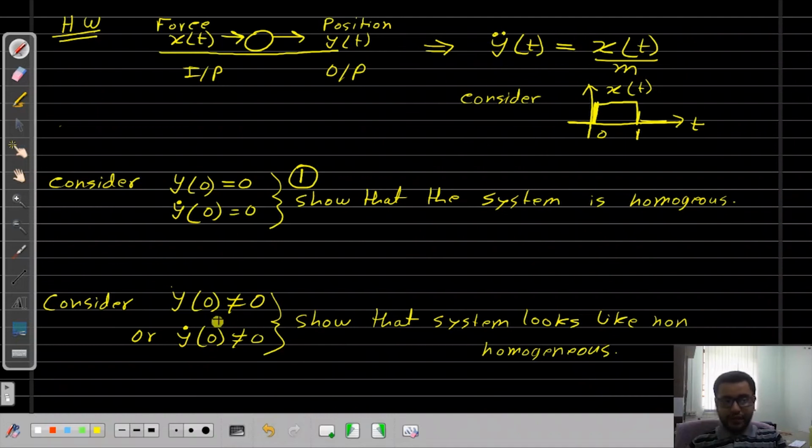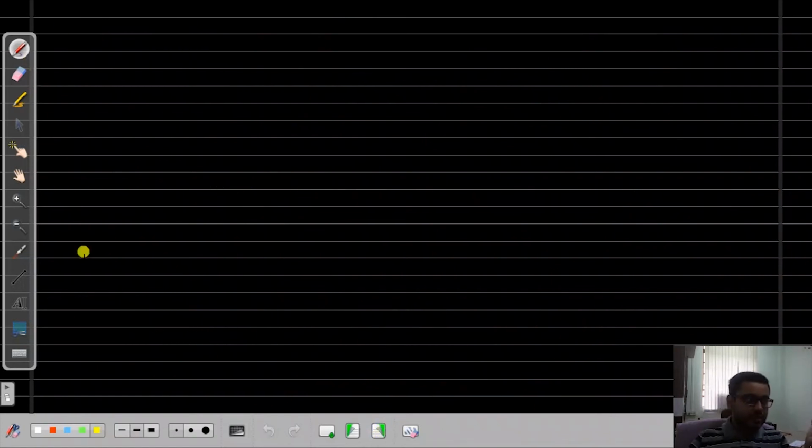However, this is not a valid test for homogeneity, because we are not starting from initially relaxed condition. But you show that if initially the system is not relaxed, it will behave like non-homogeneous. That is your homework. Now we shall learn about superposition principle.